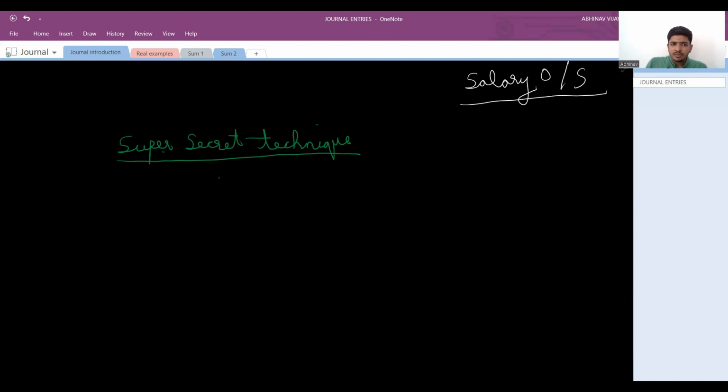Now write this down. Take a new page and write this down because you'll have to refer to this many times during the entire lectures. First one: assets, expenses.